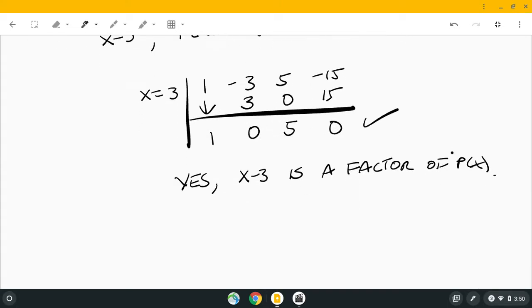If you get something other than 0, then no, it's not a factor, because you get a remainder. Just like regular numbers, if you end up with a remainder, that number doesn't go into it evenly. Same thing with polynomials.